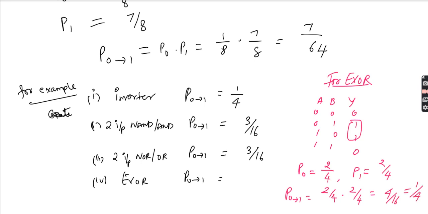So irrespective of the number of inputs, for the XOR gate the switching activity will be 1 by 4 only.